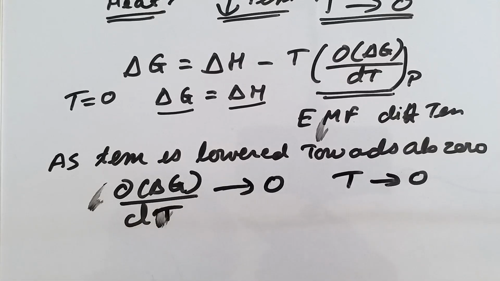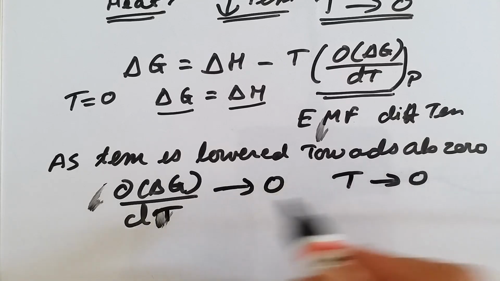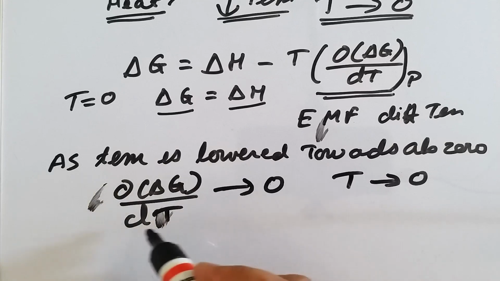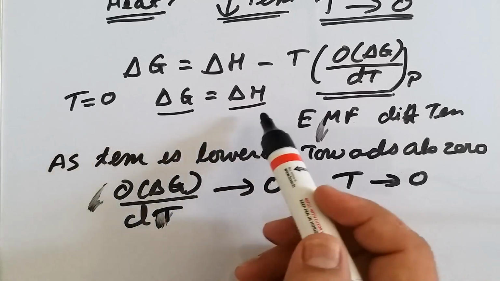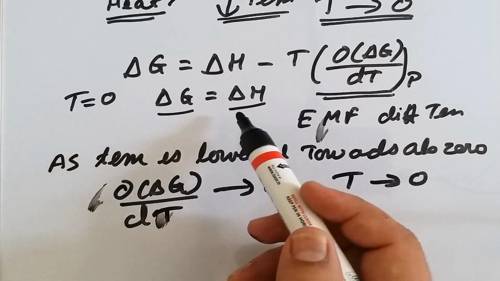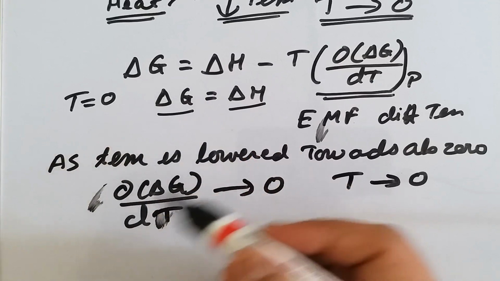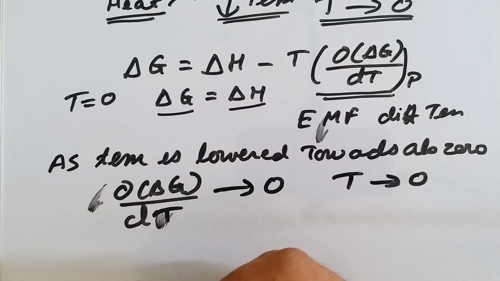When T tends to 0, the Gibbs function tends to 0, and the values of delta G and delta H are not only becoming equal, they are approaching each other gradually as the temperature approaches 0.